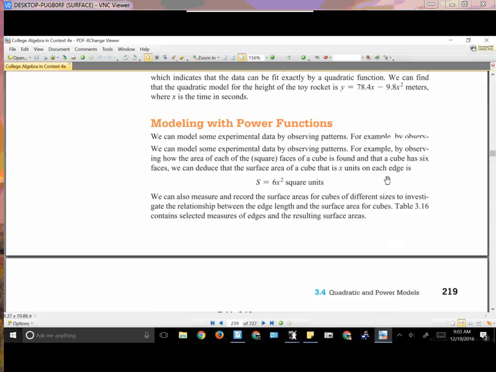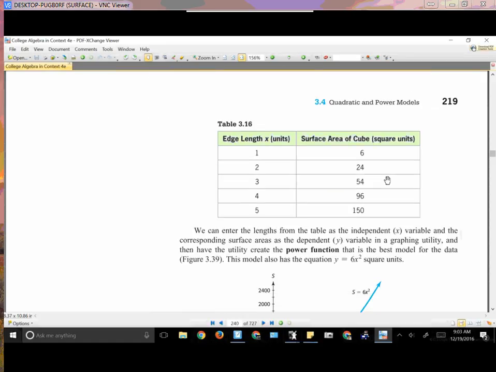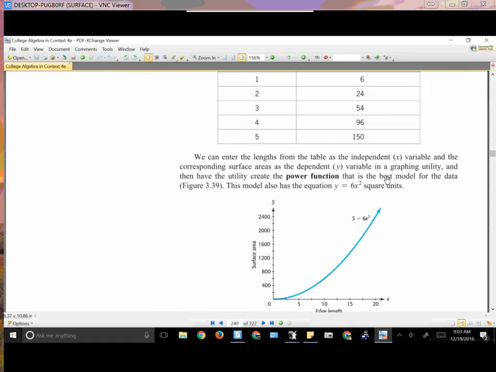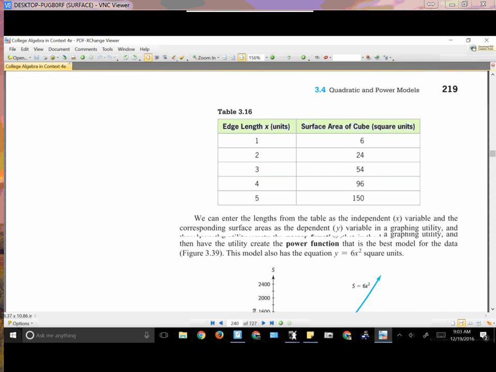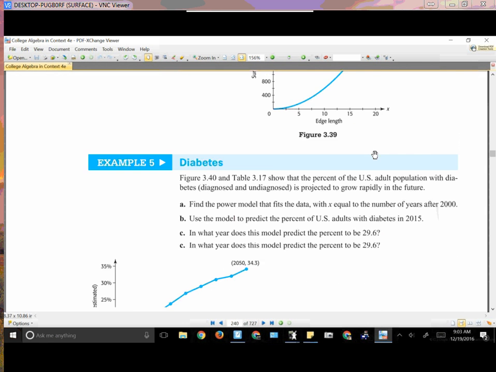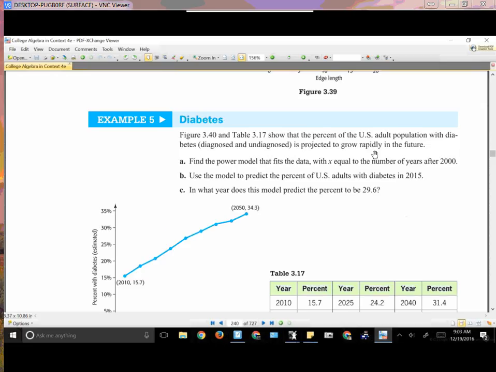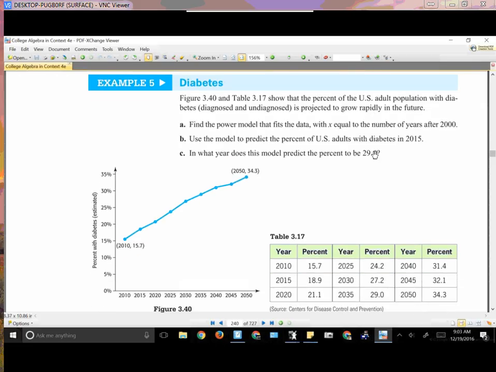Power functions. Same idea again. Power function, they give us the information here, we go through and do that. Okay. So, let's take a look at this.